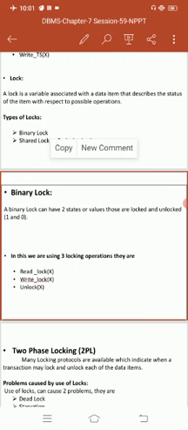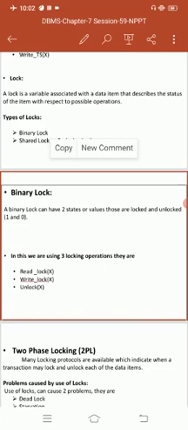The first is the shared lock, which has three locking operations: read lock, write lock, and unlock.